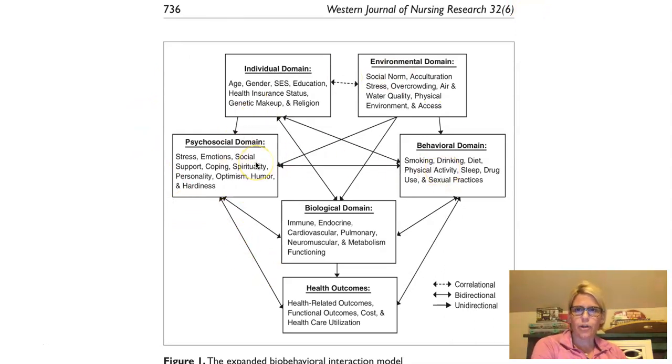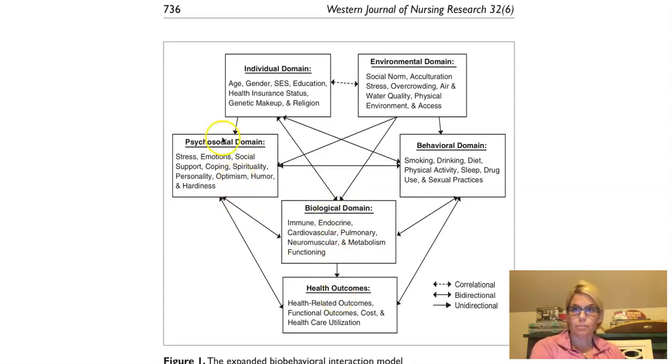So you have here the psychosocial domain, an individual domain, an environmental domain, and a behavioral domain. The whole purpose of this model is to give you examples of different variables that could influence the biological domain that ultimately influences the health outcomes.